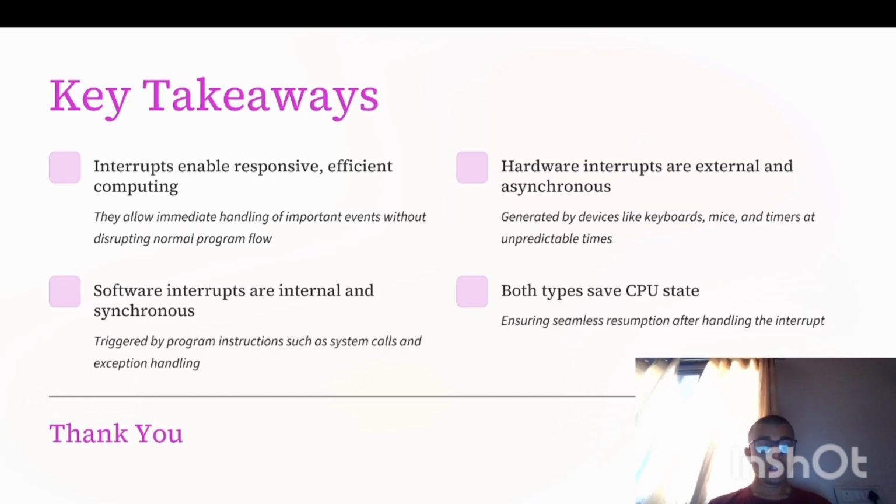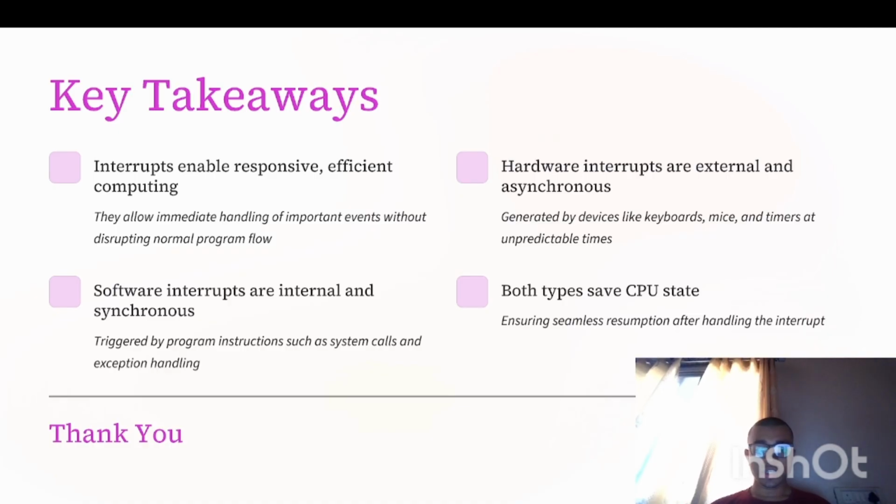Let us now see the main key takeaways that we can conclude at the last from this presentation. Interrupts are the backbone of responsive and efficient computing, allowing systems to handle important events without breaking the normal flow of the program.